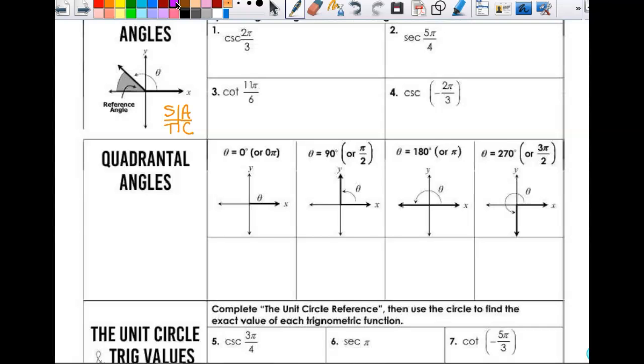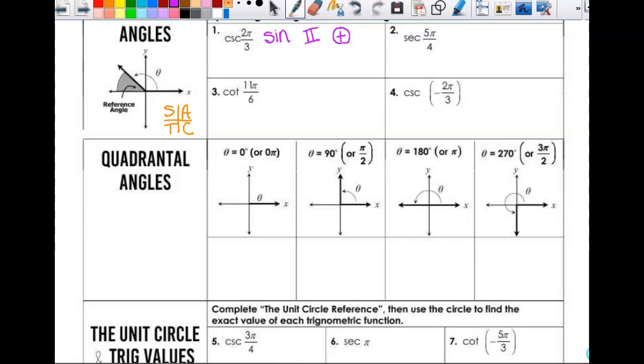So we go with cosecant of 2 pi thirds. The first thing I want to think is cosecant is the reciprocal of what? Sine, okay? And then 2 pi thirds is in which quadrant? Second, very good. And in the second quadrant is sine positive or negative? Positive. So all that stuff's important, and it's good to think about all that before you worry about the actual values.